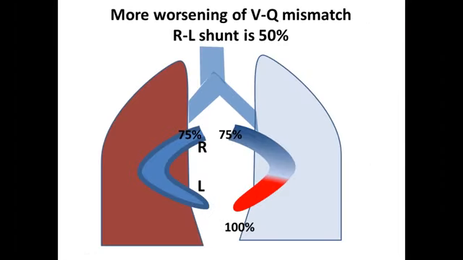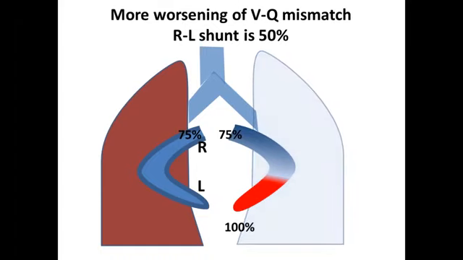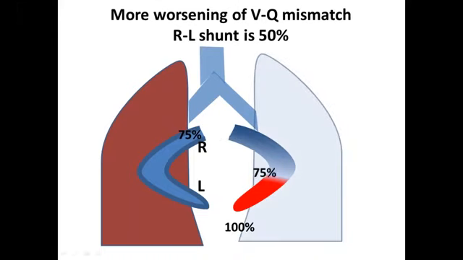In right left shunt, assume we have an infant with a totally collapsed right lung, to make it easy and simple, and the left lung is well perfused and well ventilated. So the left lung is getting normal ventilation, and there is no ventilation on the right lung. The blood passing through the left lung from the venous side at 75% gets out at 100%, so fully saturated.